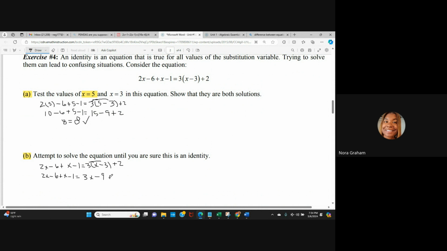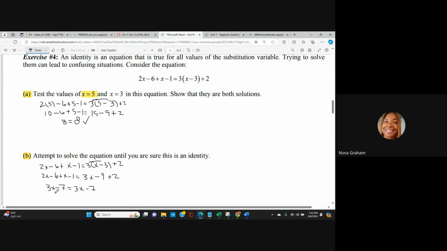And then plus 2. Now I just want to get my like terms together. On my left-hand side, I'm going to get 3x minus 7. And then the only like terms I have over here is 3x. Negative 9 minus 2, that's going to give me negative 7. Doesn't matter which ones I cancel out.